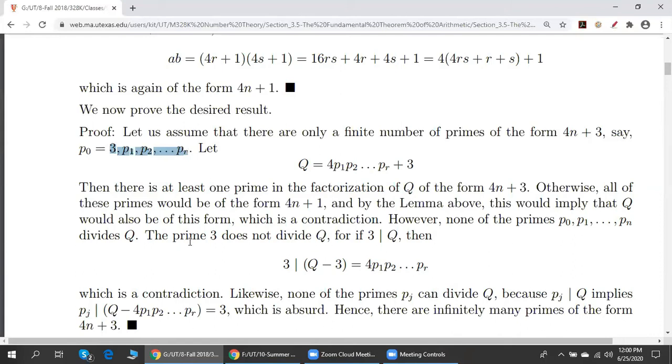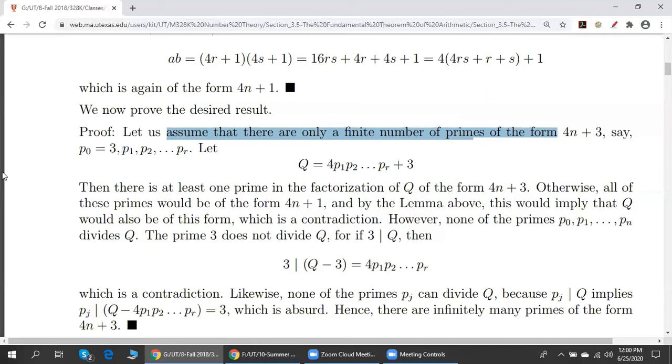On the other hand, if q is divisible by 3, we get a contradiction, and if q is divisible by one of these numbers, we get a contradiction. Therefore, what is written here is not true. Therefore, the opposite is true, which means there are infinitely many prime numbers of the form 4n plus 3. Yes, I understand now.